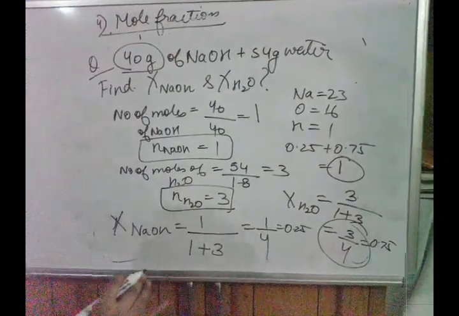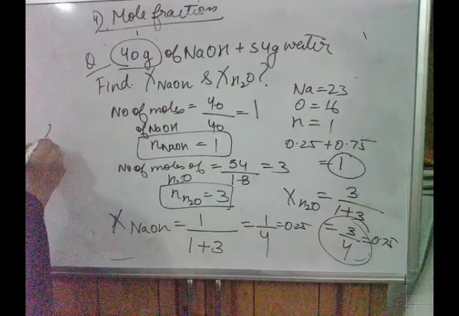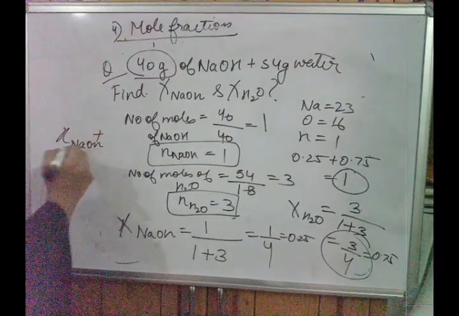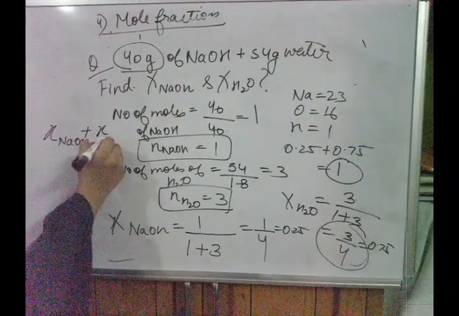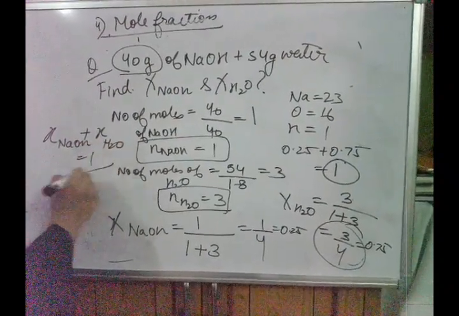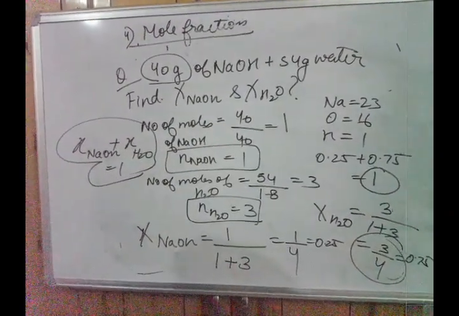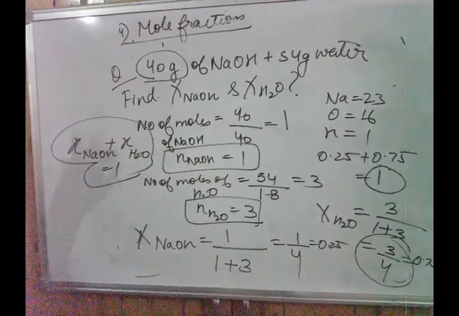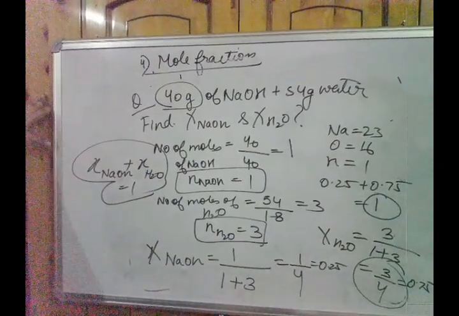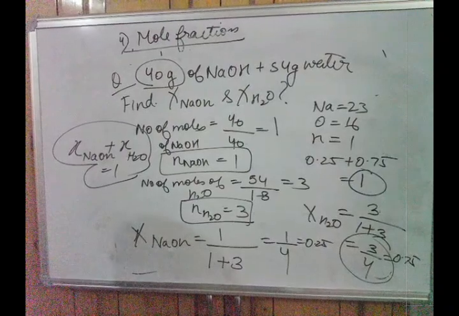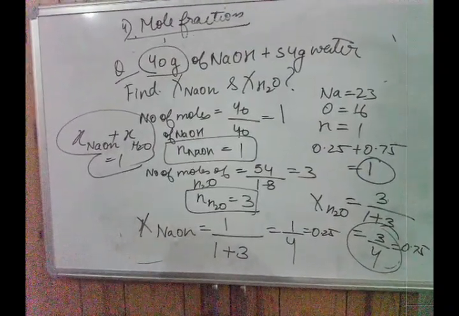So if there are only two components, remember that the mole fractions of both components add up to 1. So remember this. If you understand this simple example, you will be able to do some complicated examples also. You should try from your NCERTs.